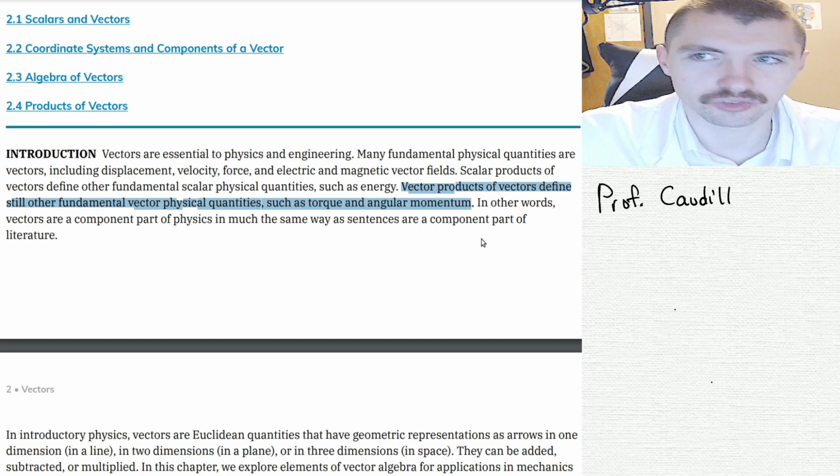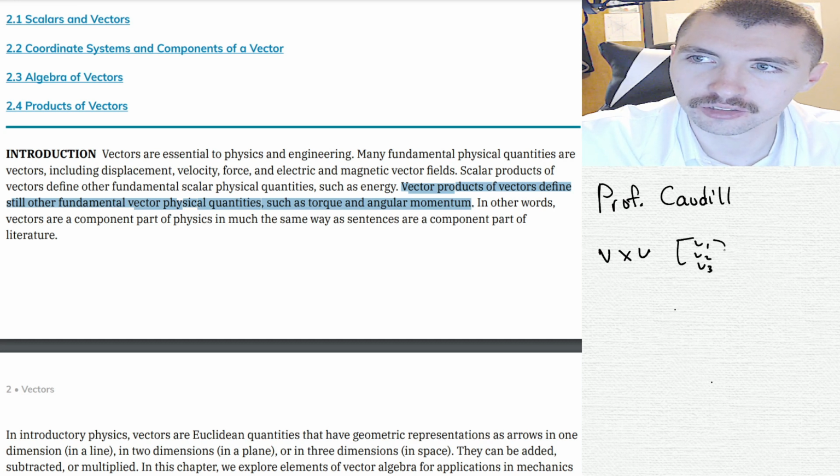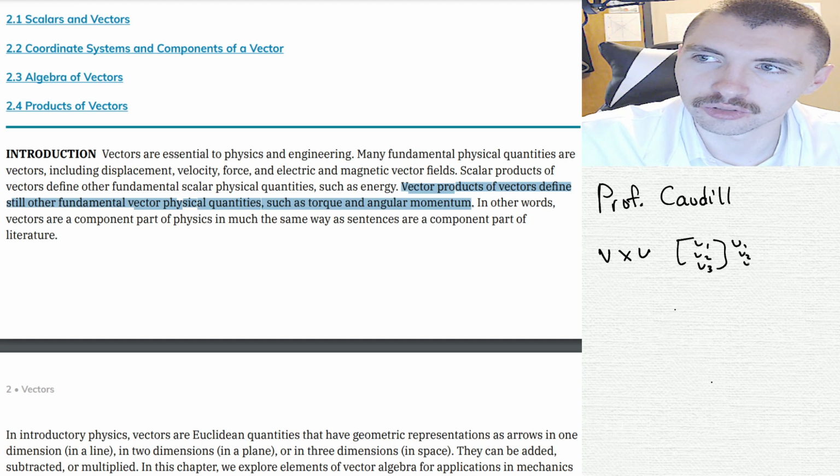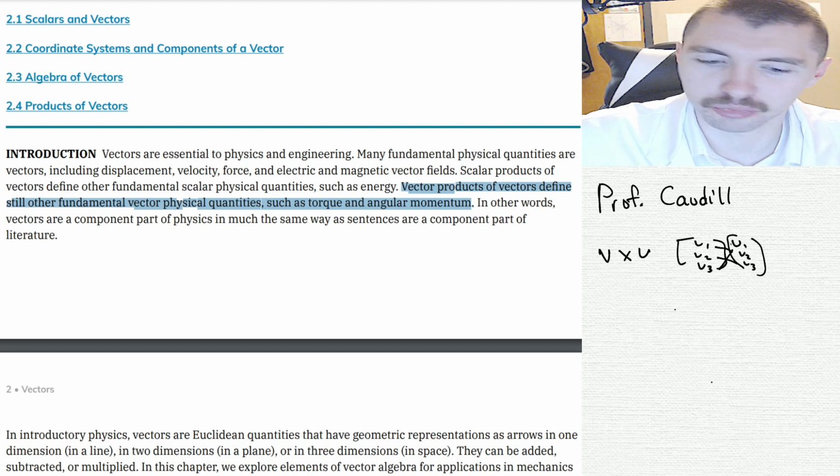If you don't know what a vector product is, it's like v times u, and that would be v1, v2, v3, u1, u2, u3, and I don't want to butcher this, but I think it's something like this. And you sum up those products.